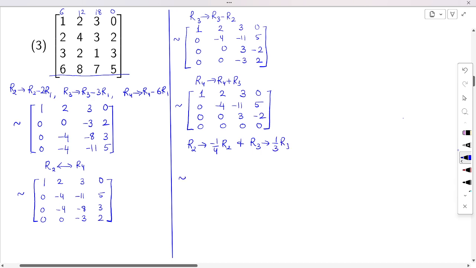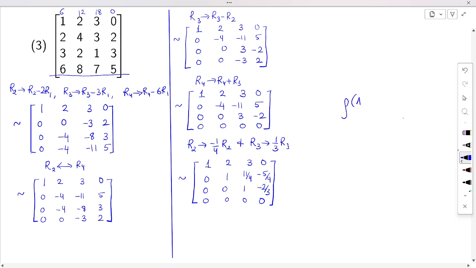The matrix is reduced into this one: 0, 1, 11 by 4, minus 5 by 4, 0, 0, 1, minus 2 by 3, 0, 0, 0, and 0. Now this has 3 non-zero rows, so the rank of this matrix is equal to 3.